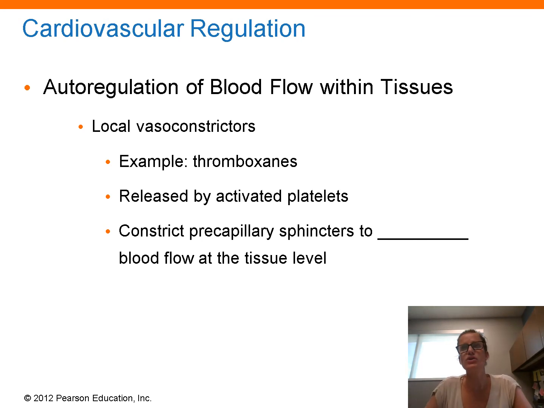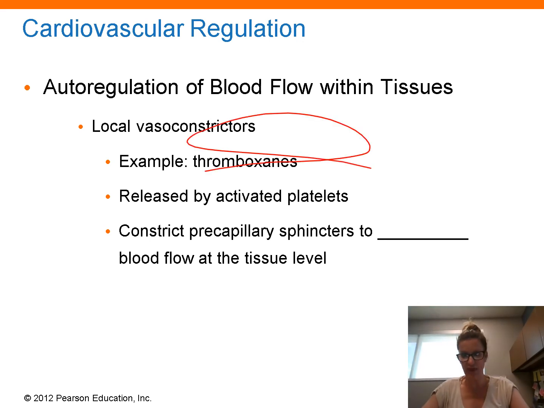Local vasodilators are much more common. We very frequently will tell the sphincters to dilate, to open up for a little while so that we can get more blood flow to an area. Local vasoconstrictors are more rare. It's less common for us to have part of a tissue that doesn't want blood flow.